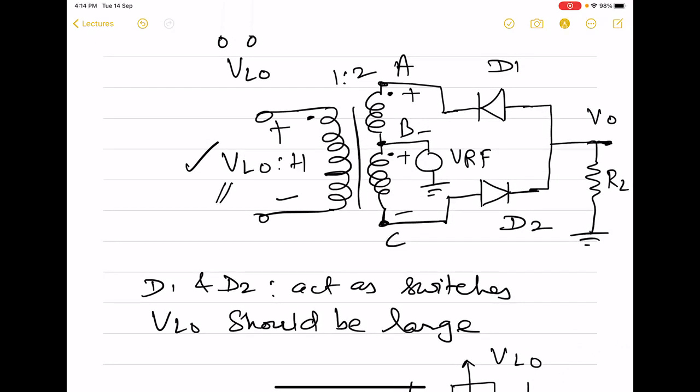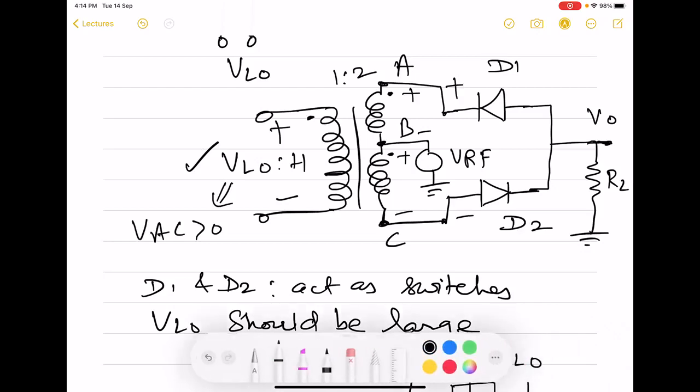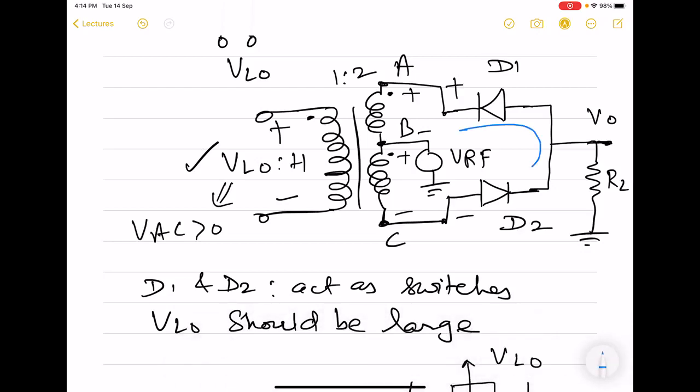This implies VAC is positive or high, that means node A is at higher potential compared with node C. So what we see here is that in this case, the network of D1 and D2 experiences a voltage pressure in this direction, which is reverse to the diode orientation. That means whenever VLO is high, these two diodes experience reverse bias.